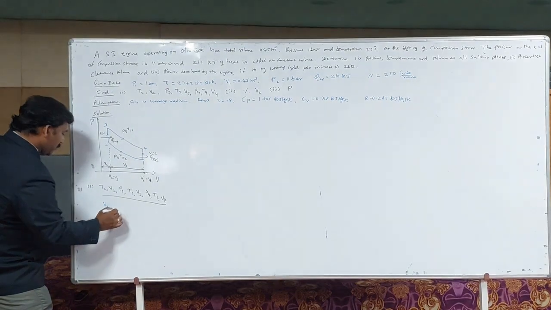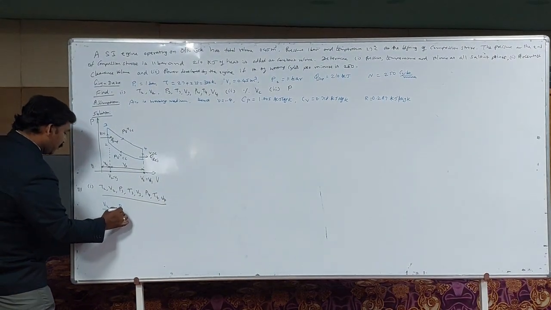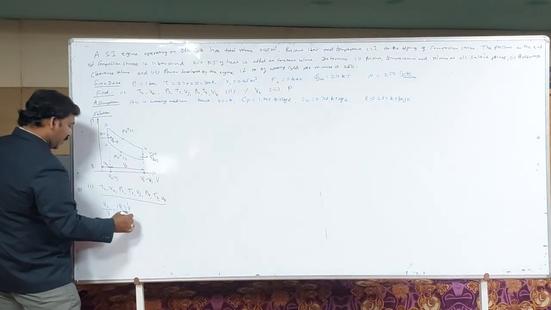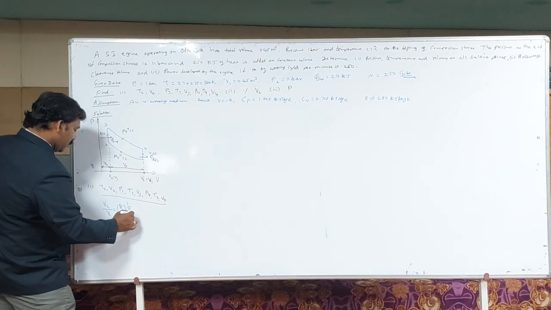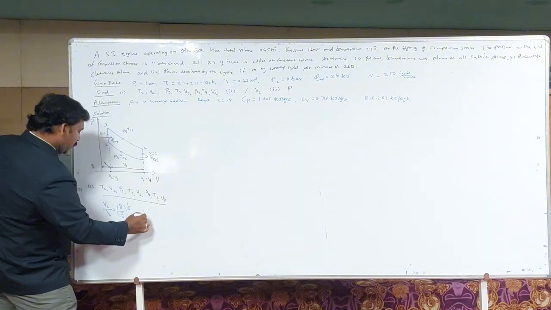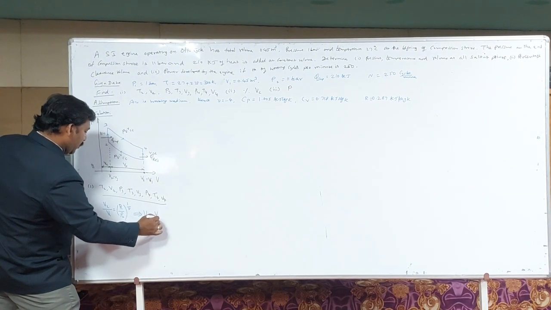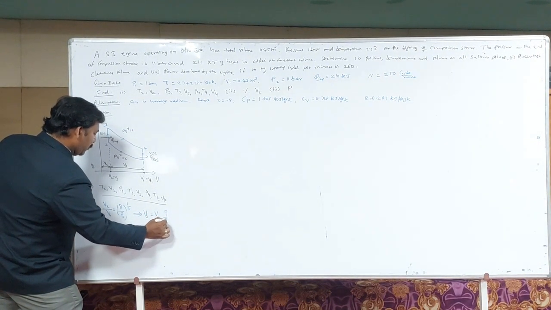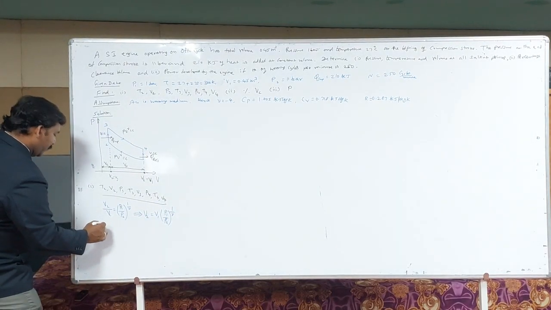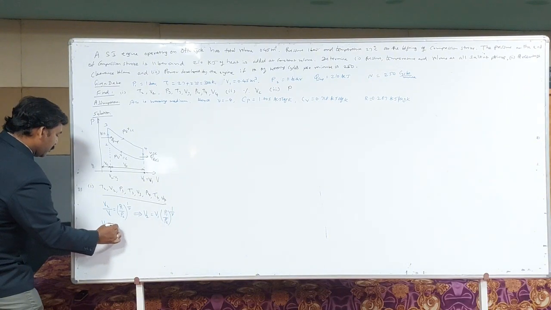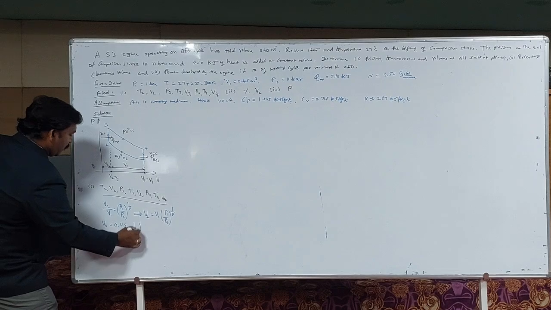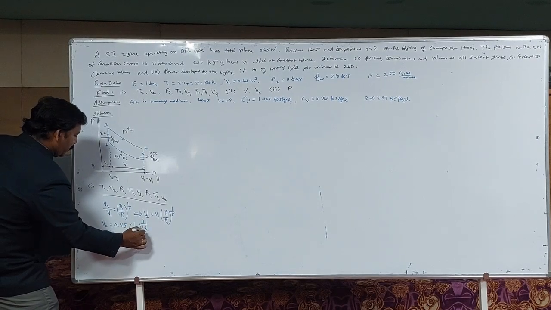So V2 by V1 is equal to P1 by P2 power 1 by gamma. Therefore V2 is equal to V1 into P1 by P2 power 1 by gamma. Substituting V1, which is 0.45, and P1 is 1 bar and P2 is 11 bar, power 1 divided by 1.4.